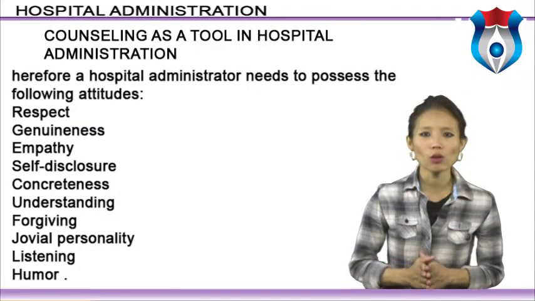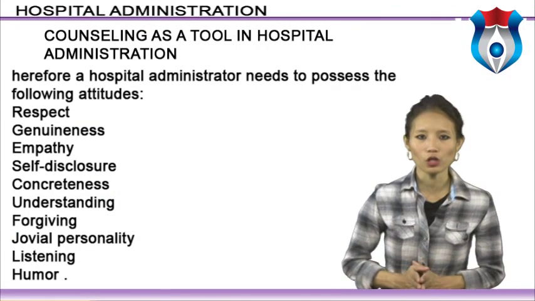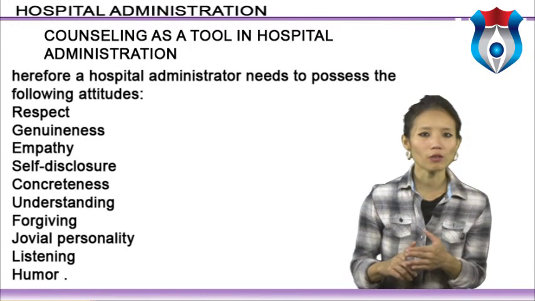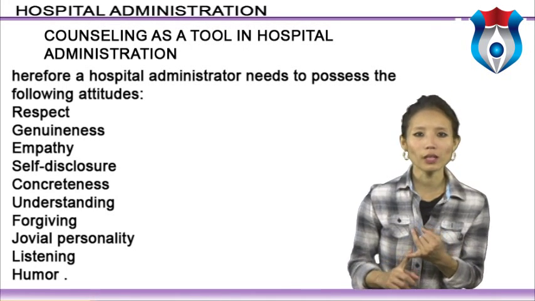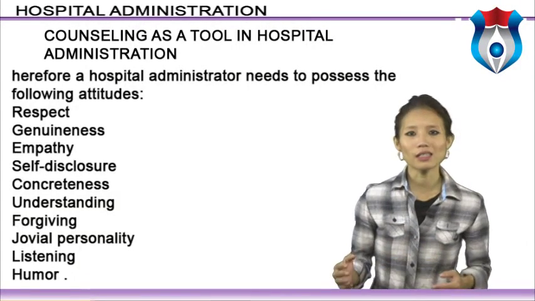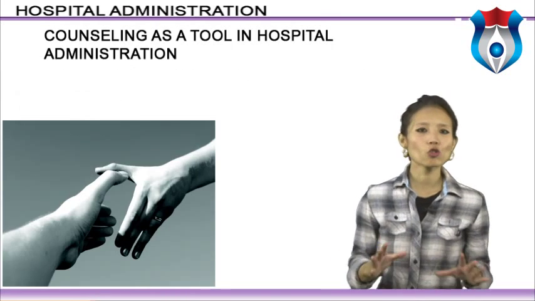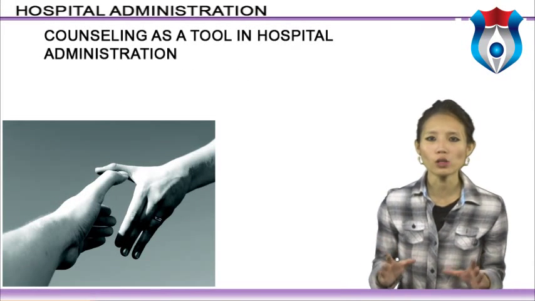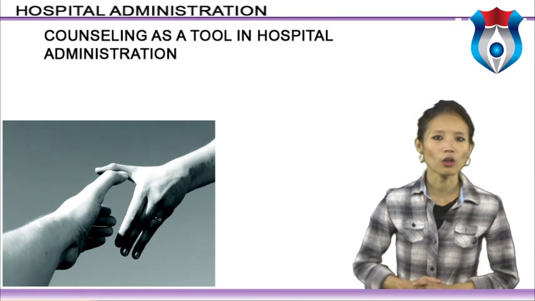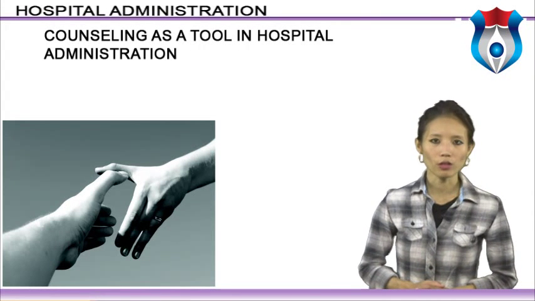Therefore, a hospital administrator needs to possess the following attitudes: respect, genuineness, empathy, self-disclosure, concreteness, understanding, forgiving, jovial personality, listening, humor. It is strongly advocated that a hospital administrator, like a counselor, needs to be of a jovial and humorous nature, as also forgiving and religious-minded.